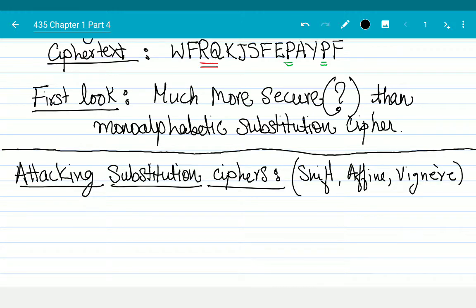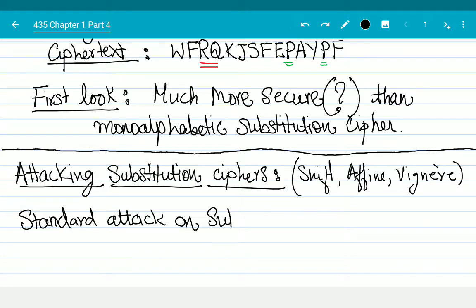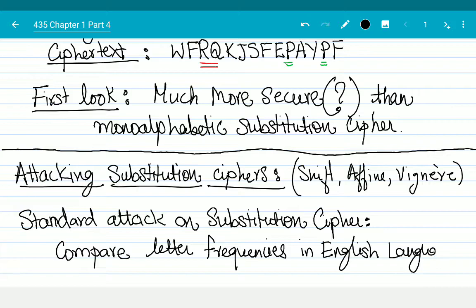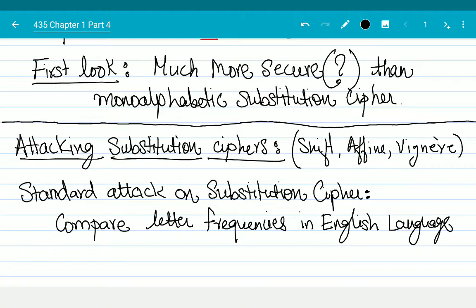The standard attack on the substitution cipher was to compare letter frequencies in the English language. Okay, and using that you can find it.